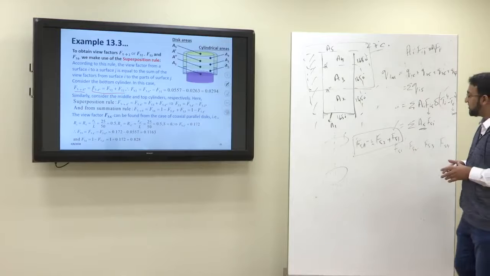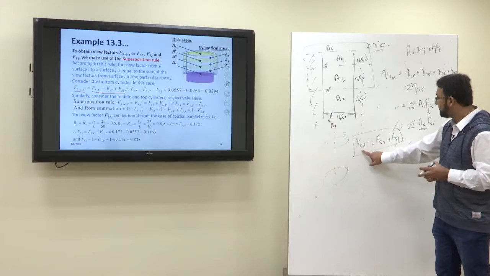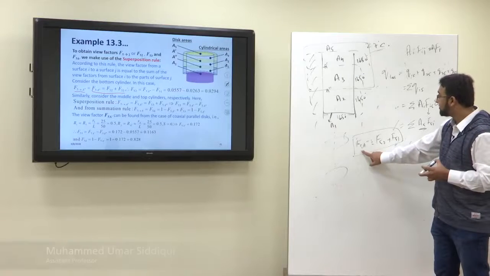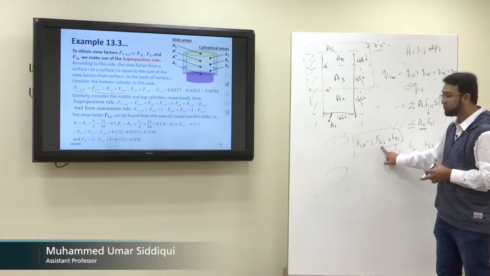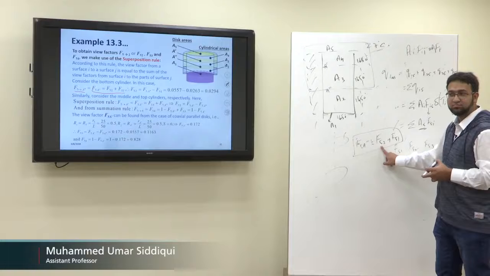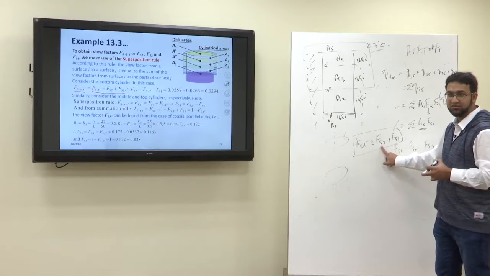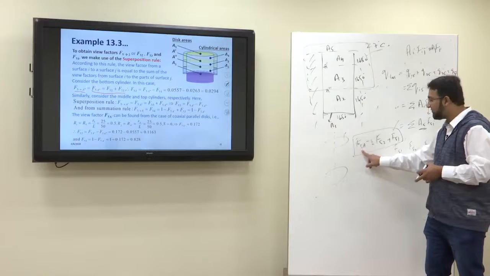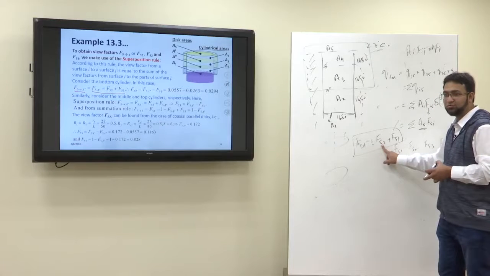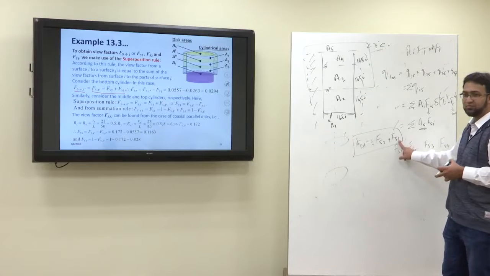If we can determine what is 5 to A double dash, using this relation, then we can find what is 5 to 2. We already know what is 5 to 1.